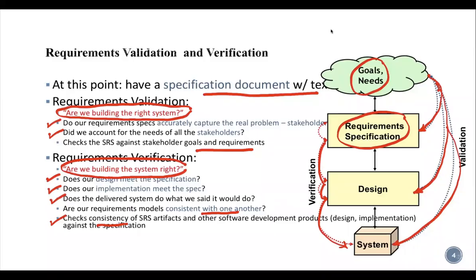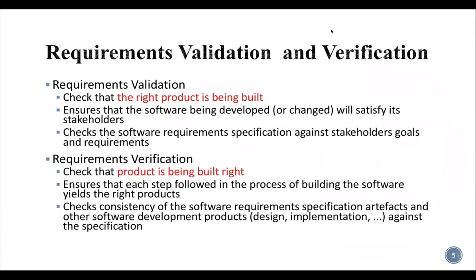So for simplification, we can clearly say that requirement validation is all about ensuring that the software being developed or even changed will satisfy its stakeholders. So the criterion by which we validate the requirements is checking the software requirement specification against the goals of the stakeholders and the given set of requirements.